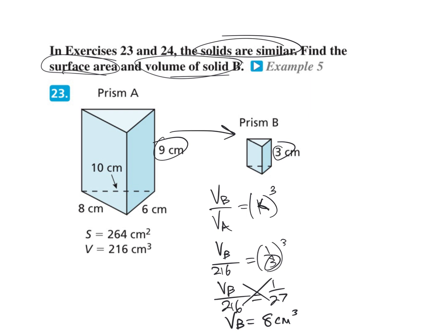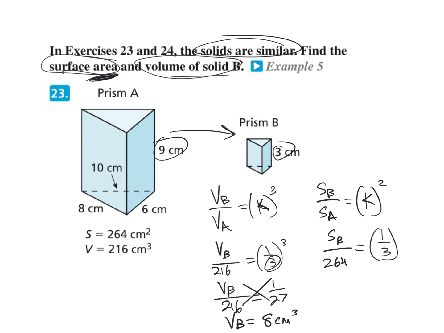Now to find the surface area, it's actually very similar. So it's the same type of thing. The surface area of B is to the surface area of A, as the scale factor is, and we're dealing with area, so this would be squared. So the surface area of B we don't know. The surface area of A is 264, and the scale factor again is 1/3, but we square it because we're dealing with area.